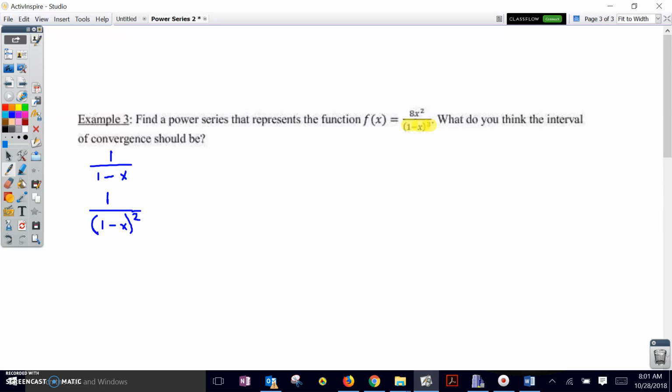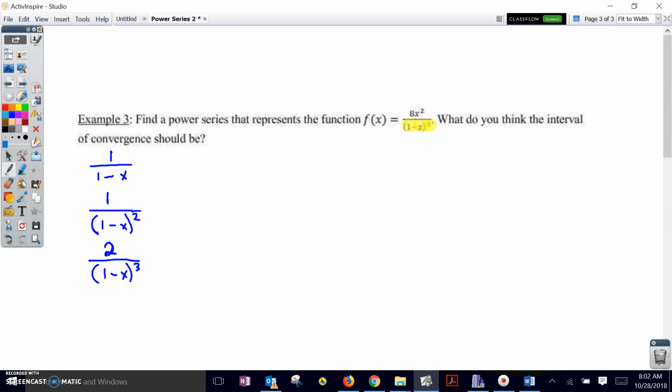And then if I take the derivative of that again, that's the quantity 1 minus x to the negative 2, so this is going to be negative 2 times the quantity 1 minus x to the negative 3 times the derivative of the inside. So the derivative of this is going to be 2 over the quantity 1 minus x to the third.